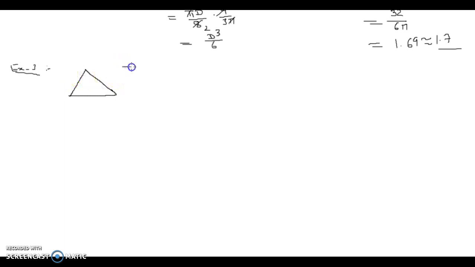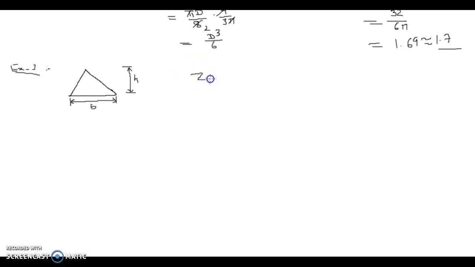Let's take this as an edge, and also let's consider this as a symmetrical triangle. If you are not clear with the drawing, it is a similar triangle. Okay, so symmetrical triangle.